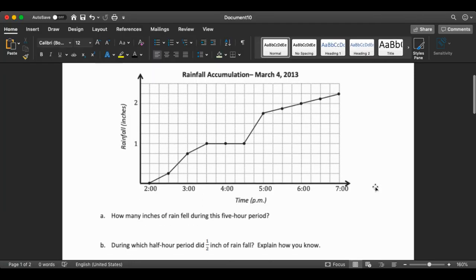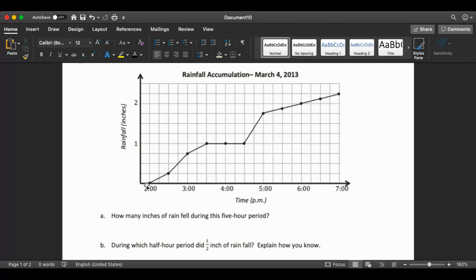I'm going to have to scroll up and down to look at the graph every now and then. Okay, the first question says, how many inches of rain fell during this 5-hour period? Well, the whole time is from 2 to 7, right? And they're talking about the accumulation of rain, which means in the first 30 minutes, it rained this amount, which is 1/4 of an inch, and then they kept adding to that amount.